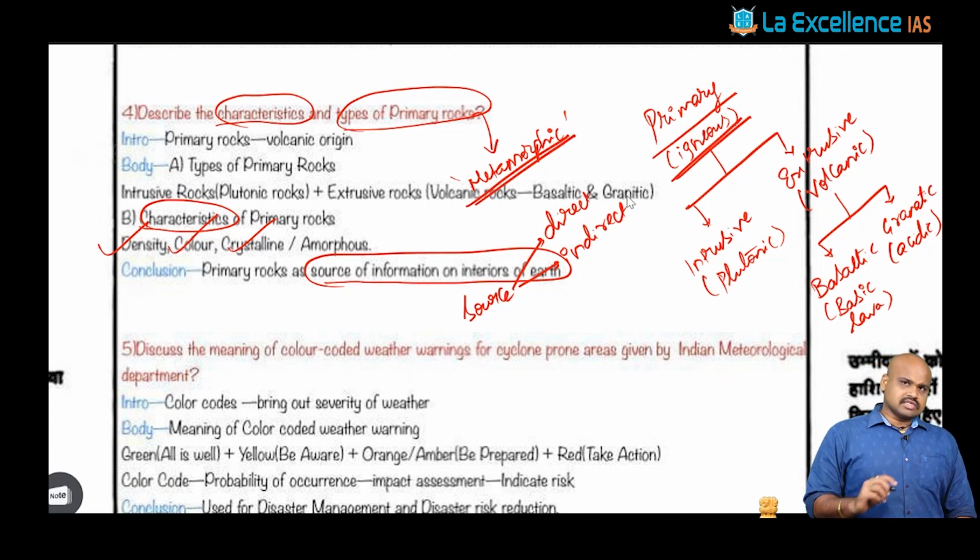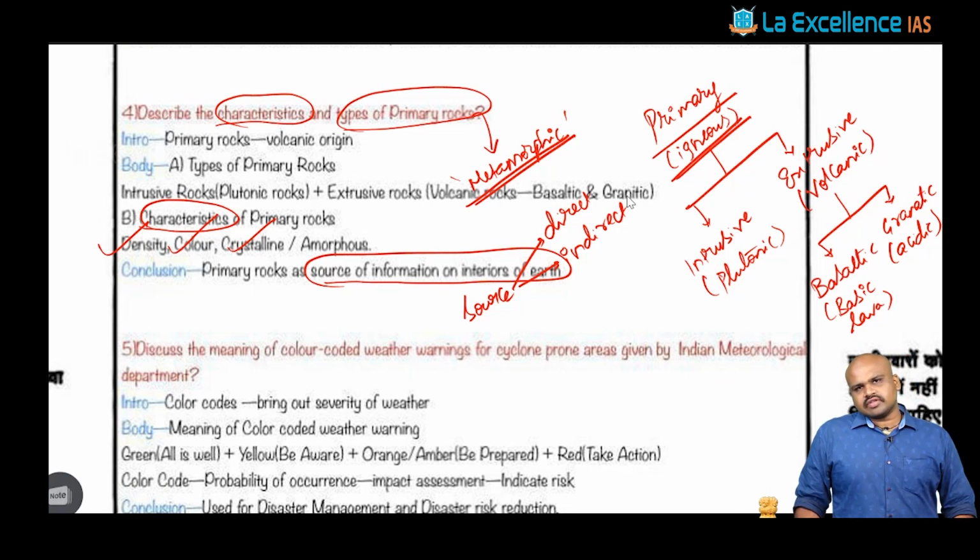And we can consider volcanism to be one of the direct sources, for the reason that there is an eruption of magma. Once you are able to decipher the characteristic features of the magma, you would be able to understand the interiors, and it becomes evidence for the different layers of the interiors of the earth, from which you are able to understand the endogenic movements that are generally classified as diastrophic movements and sudden movements.